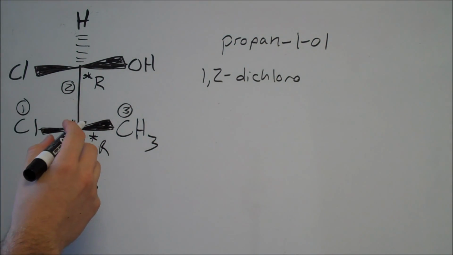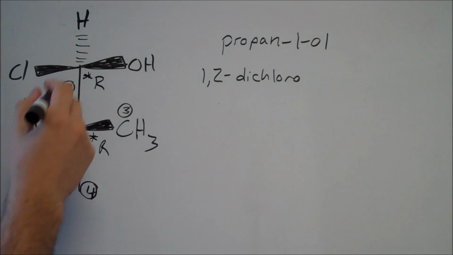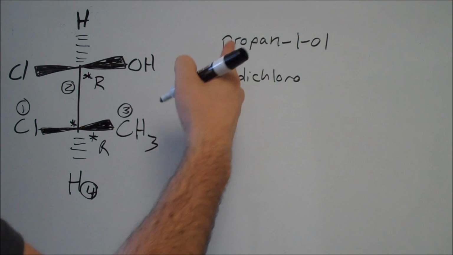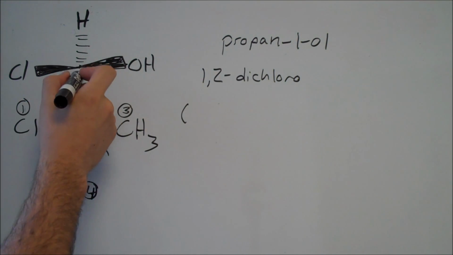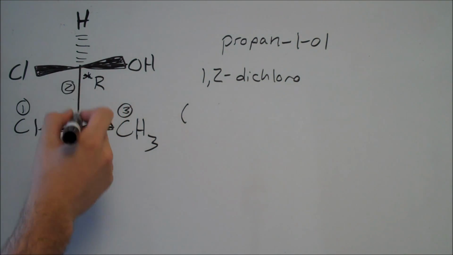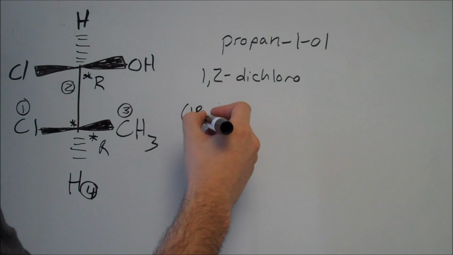We also have these chiralities that we have to mention, because it is important in the name to say which chirality each stereocenter is. So this is pretty much our whole name, but we have to put in front of all that what the chirality is at these 2 centers. On this 1 carbon we have an R, so 1R, comma.